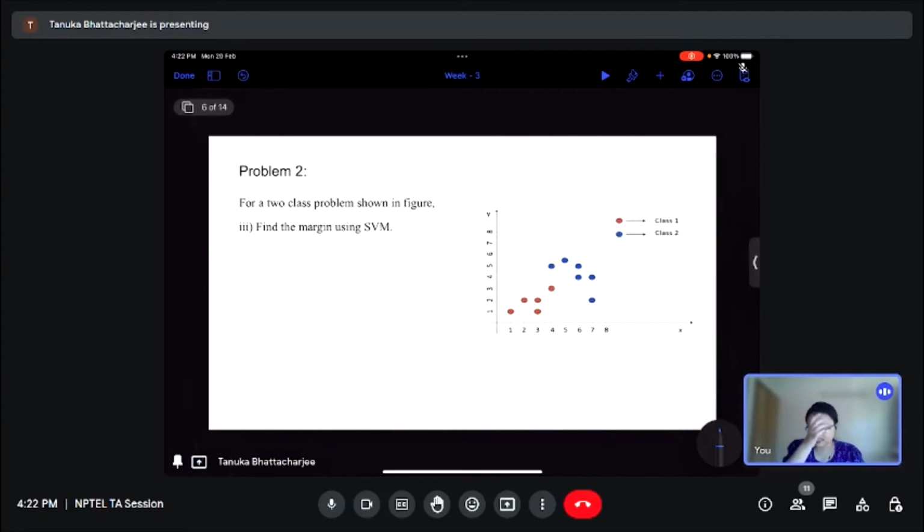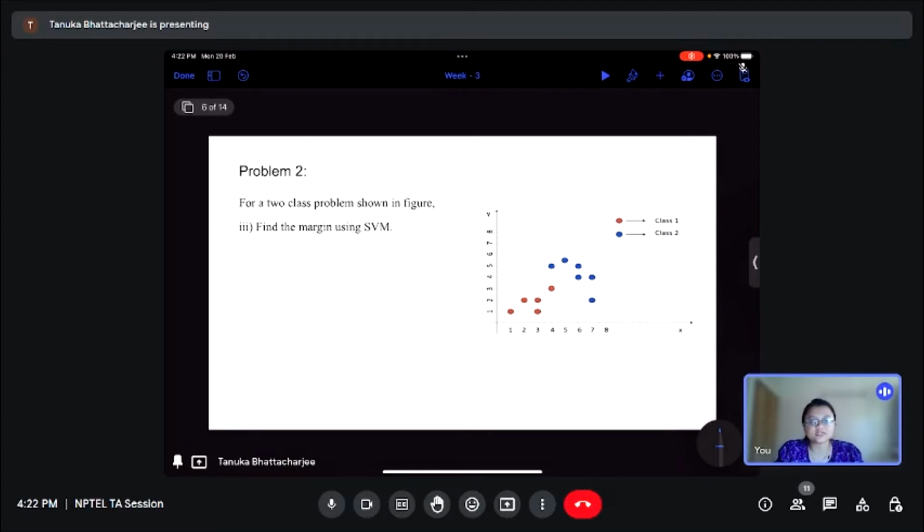So, the next question is, we are considering the same setup. Now, we need to find the margin using SVM. Margin can be computed in a variety of ways. The first way is we can use the formula that you have already known from the class lectures.